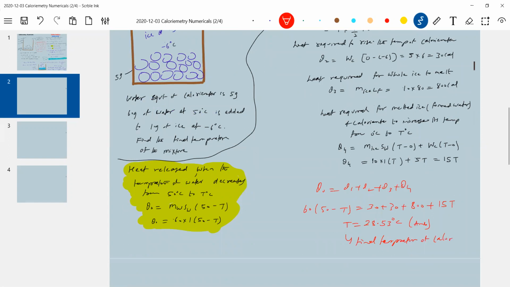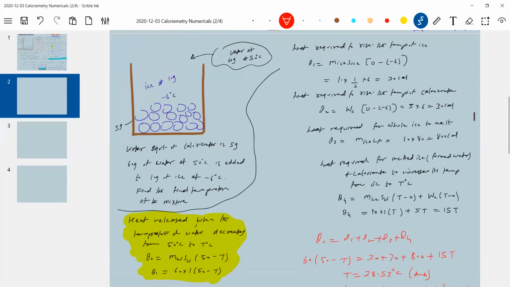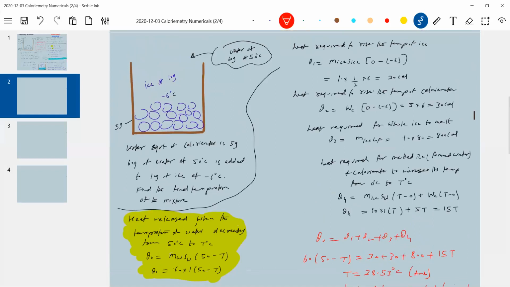Now, what will be the final content? 60 gram of water at T degrees Celsius, at 28.53 degrees Celsius. Finally, what happened? The whole ice will melt. So what is the final? The final here is everything will be water only. The whole ice will melt, no?